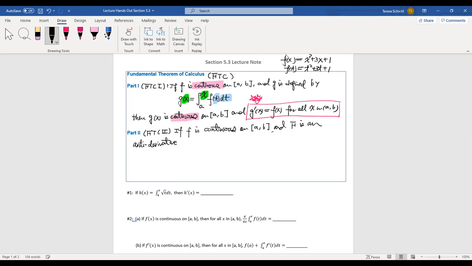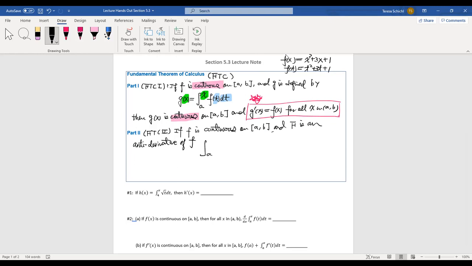In the last video of the previous unit, we talked about the antiderivative. That means whatever you take the derivative of capital F of x will give you little f of x. So capital F of x is an antiderivative of little f of x.